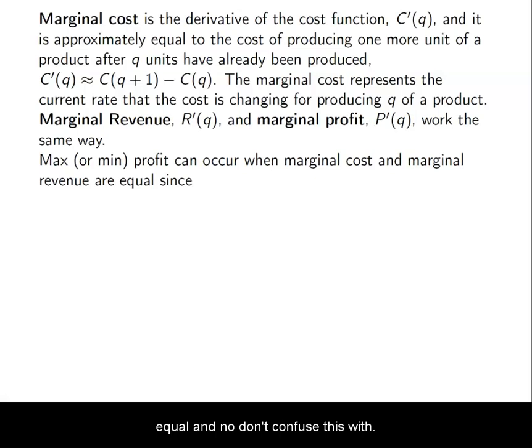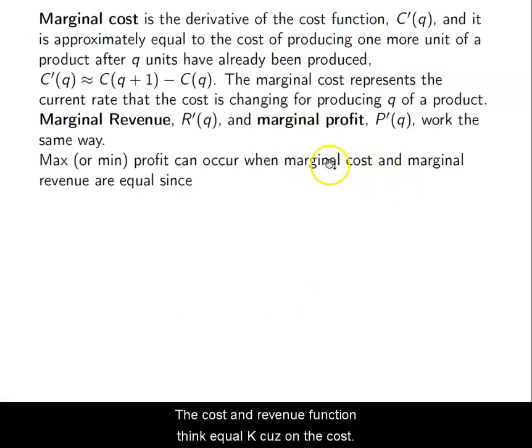Now, don't confuse this with the cost and the revenue functions being equal. When cost and revenue are equal, you have no profit. Here we're talking about the change in cost and the change in revenue. When the change in cost and the change in revenue are the same, that's when I have a maximum or a minimum value, because I'm no longer increasing my amount of profit.